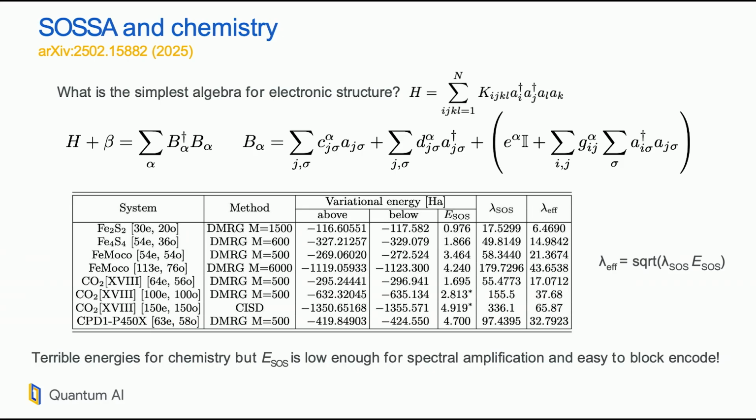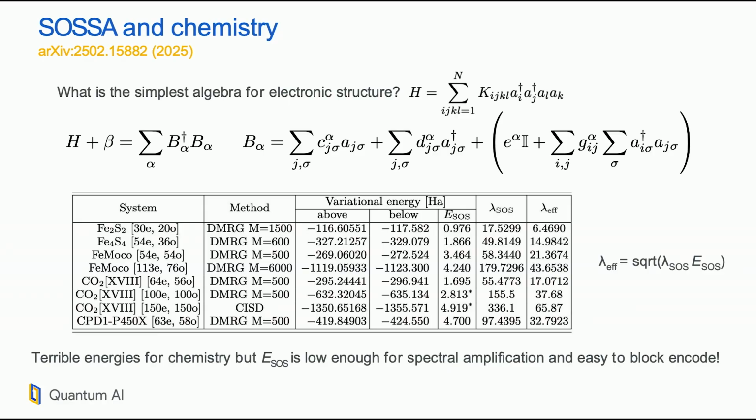The chemistry Hamiltonian can generically be written like this quartic operator in ladder operators that I have up here on the top. And I'm going to do the most naive thing and take the simplest algebra possible to represent that Hamiltonian. I actually used to work in lower bound methods in chemistry, and so I know that using the full quadratic algebra, you can get very, very accurate solutions.